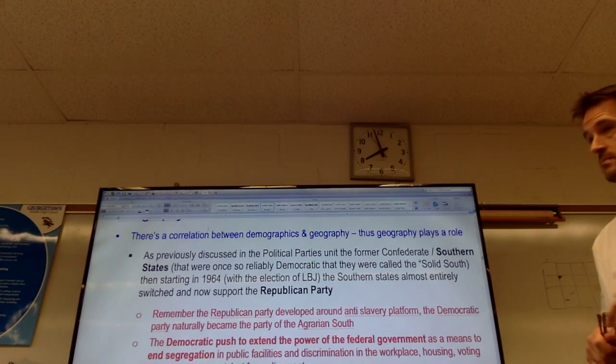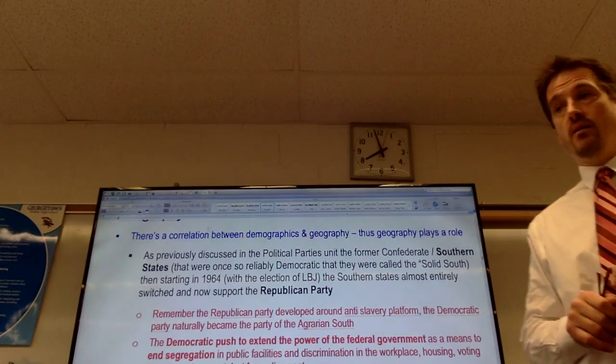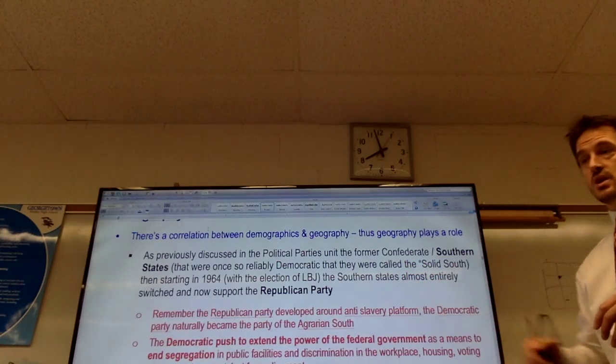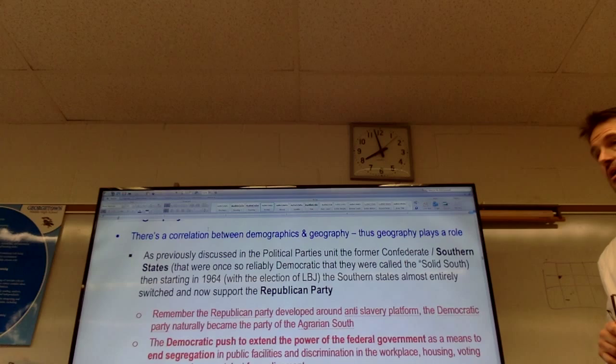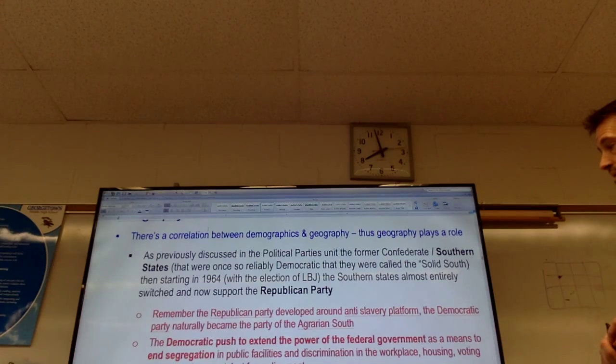So some of the trend may have started with the New Deal, but there's a lot of poverty in the South, just like anywhere else. But really, it's with LBJ and the Great Society programs and the civil rights movement that the Democrats start to break away.